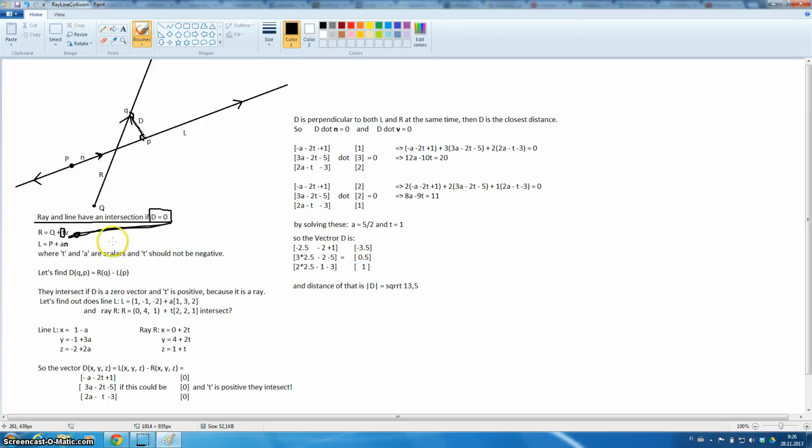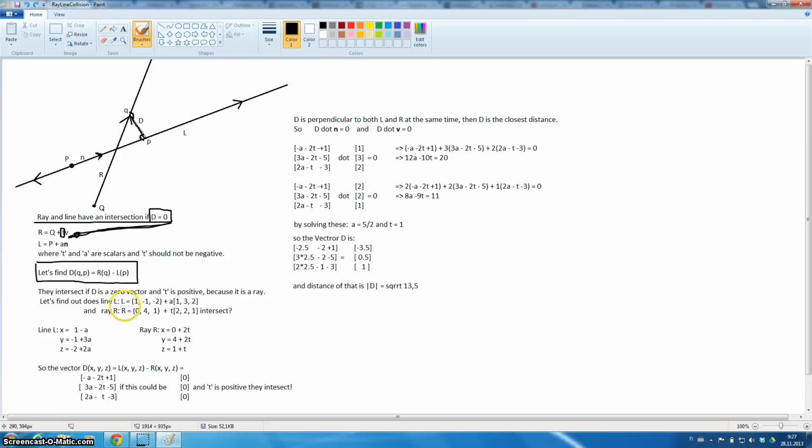Okay, so how can we do that? Let's find this point first. We are taking that as a line, that ray also, but they intersect if D is a zero vector and t is positive.